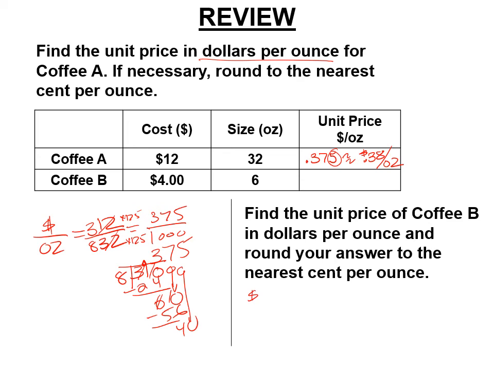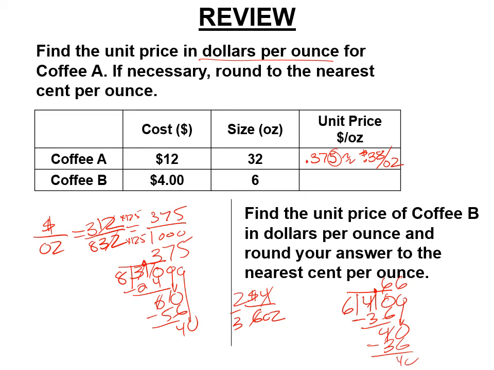So it's dollars, $4 for 6 ounces. Now again, you could do 4 divided by 6, and I'll do 4 divided by 6, but 2 divided by 3 is the same thing. So 4 divided by 6, 6 doesn't go into 4, but 6 goes into 40 6 times. 6 times 6 is 36. Remainder 4, bring down a 0. 6 into 40 is 6. 6 times 6 is 36.